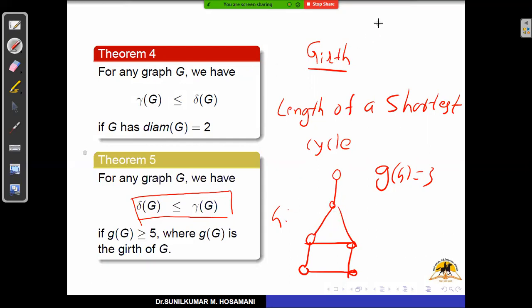In general, the girth of Cn is equal to n. So here my fifth theorem says that the minimum degree is less than or equal to the domination number if the girth is greater than or equal to 5. It means the length of the shortest cycle must be greater than or equal to 5.